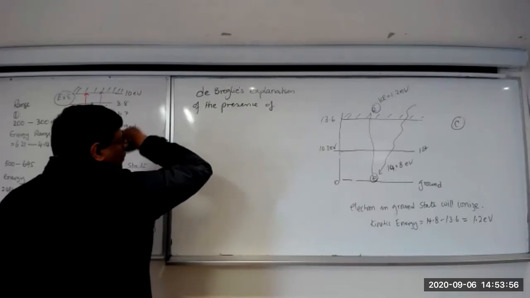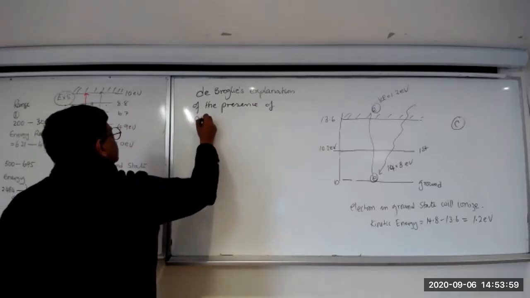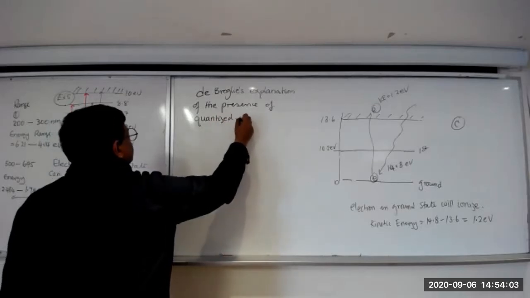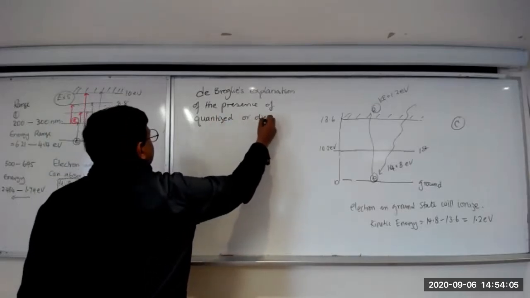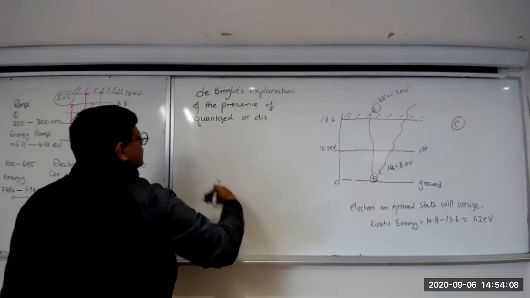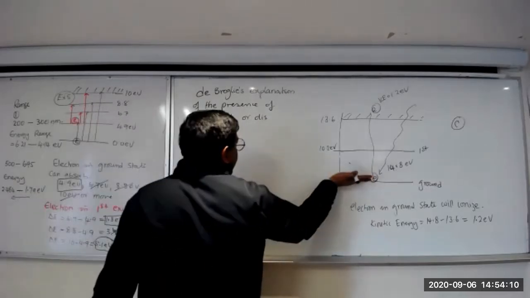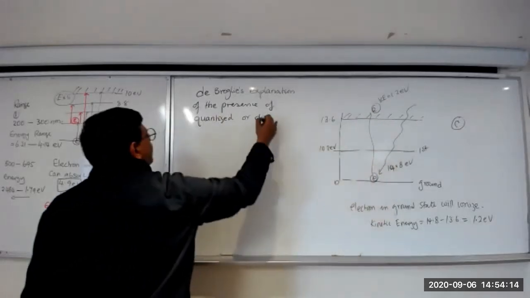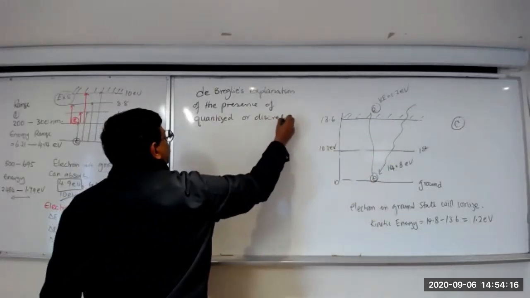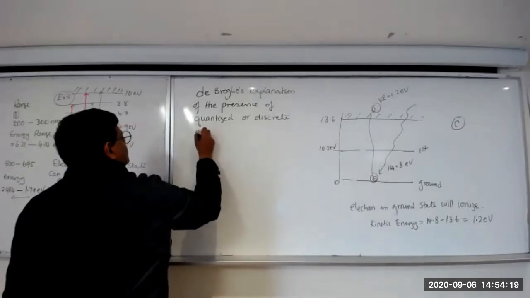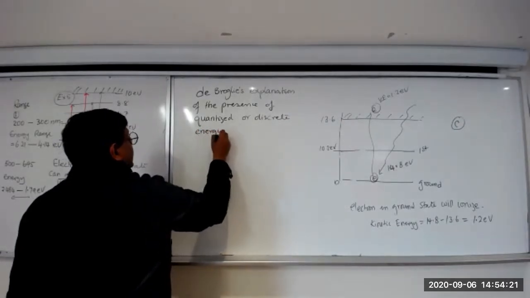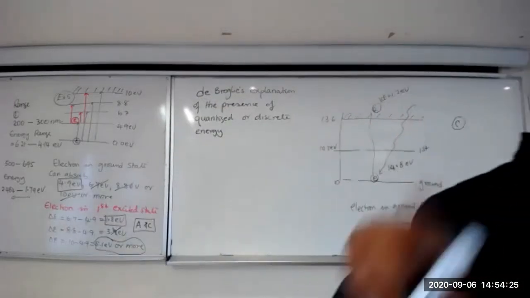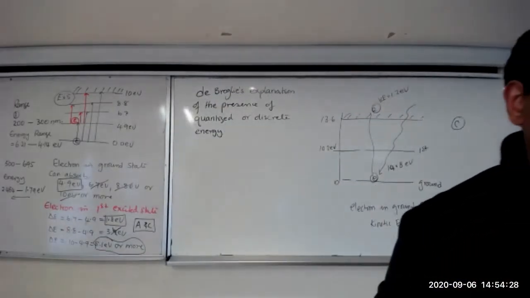Remember that energy levels are not continuous, they are discrete. Here one, here one, here one, you can't have in between. So he's essentially giving a better explanation how the electrons can go around in a circular path without losing any energy.